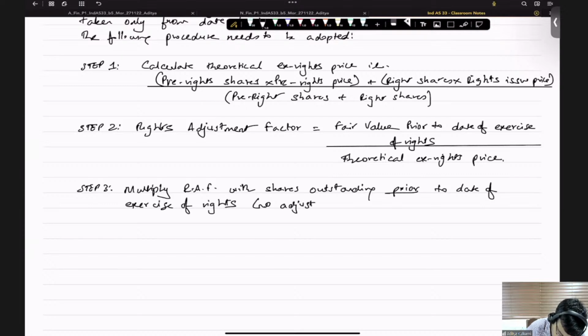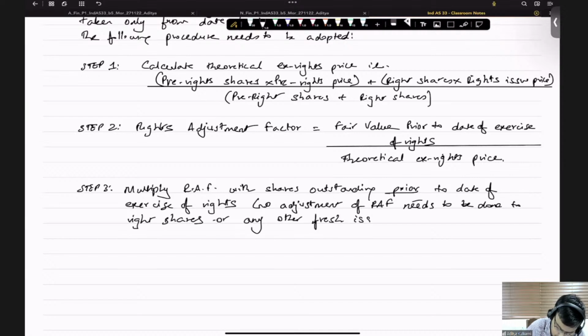No adjustment of rights adjustment factor needs to be done to rights shares or any other fresh issue after the rights, which is obvious.